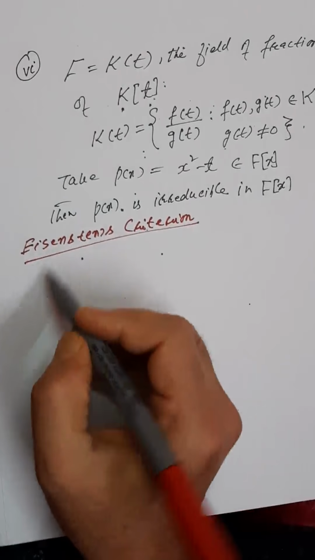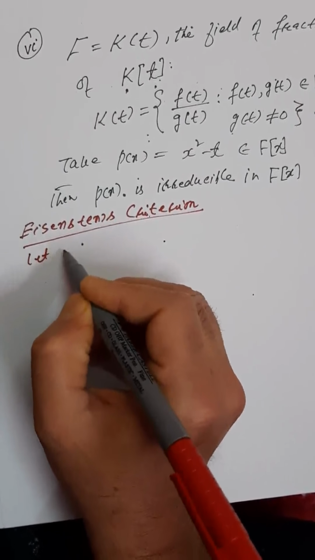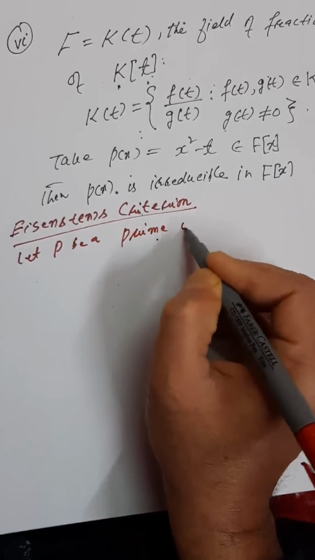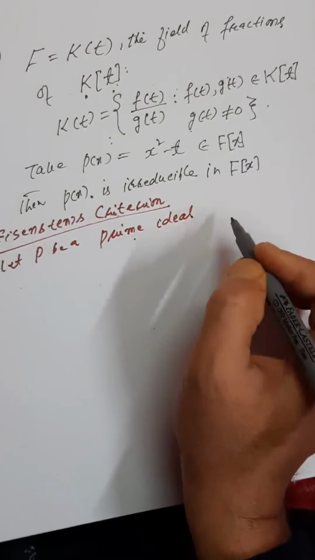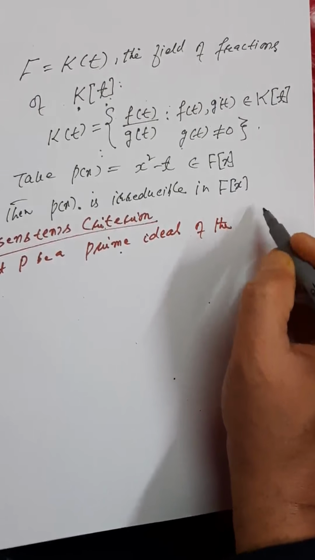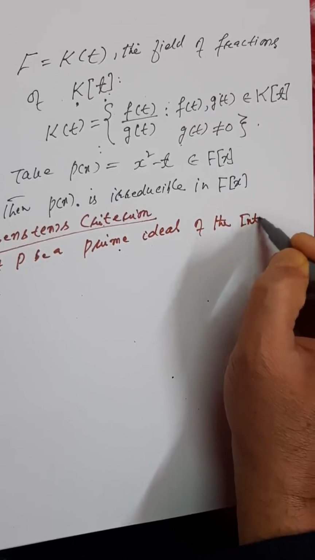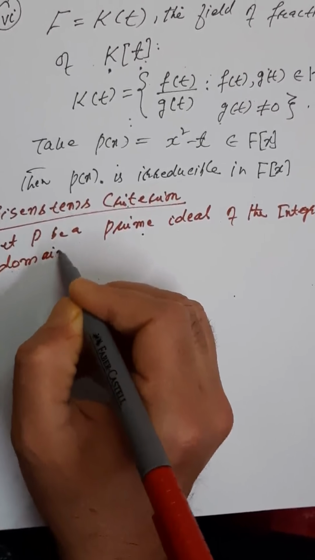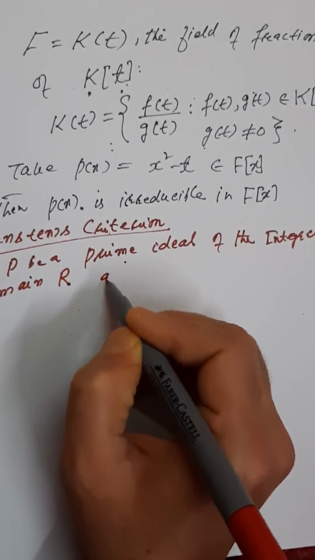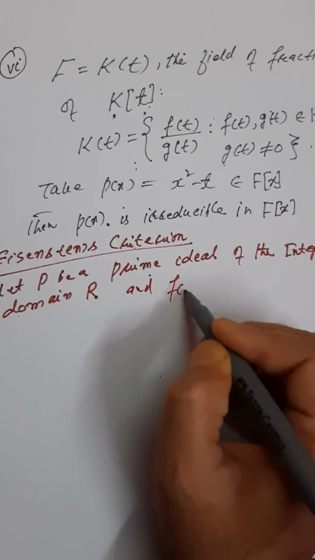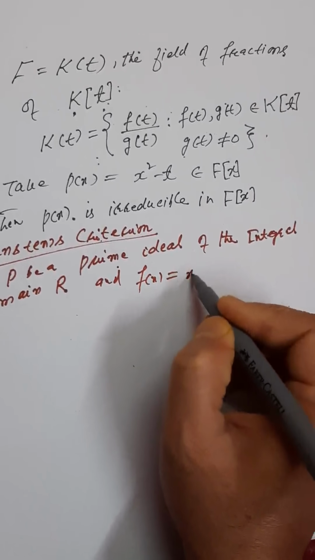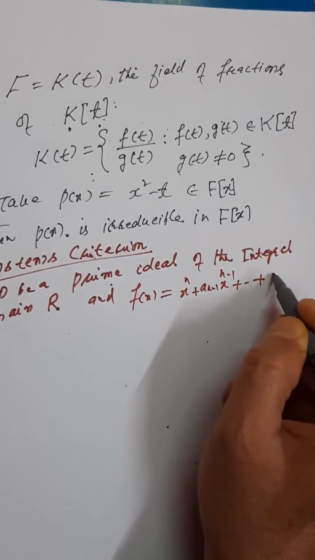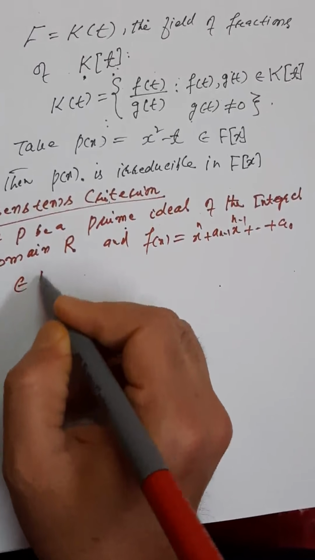So what is the general form? Let P be a prime ideal of the integral domain R, and f(x) be the polynomial x raised to power n plus a_{n-1} x^{n-1} plus so on plus a0, belonging to R[x].